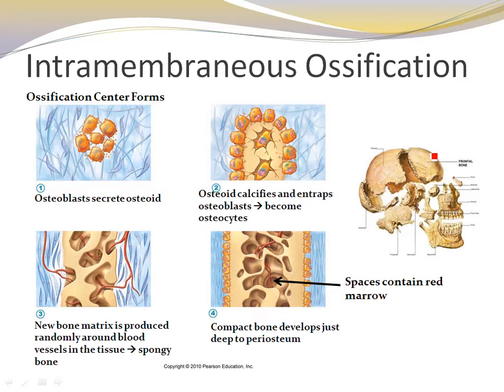Okay, let's talk about intramembranous ossification. This is a process, again, which starts around 8-9 weeks of gestation in a very early fetus. This word intra means inside. Membranous refers to a membrane. This literally means within a membrane.